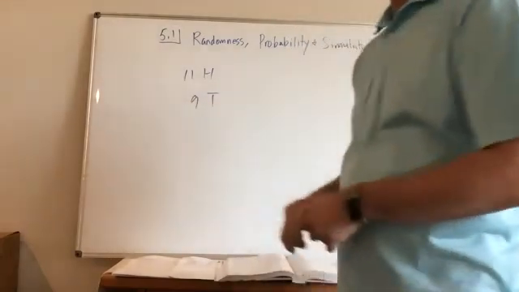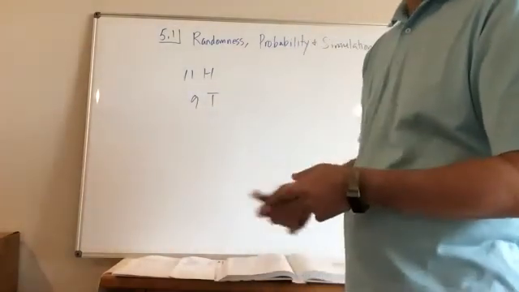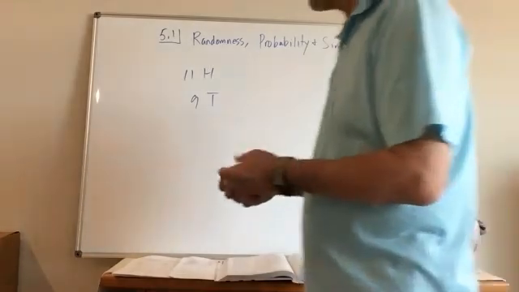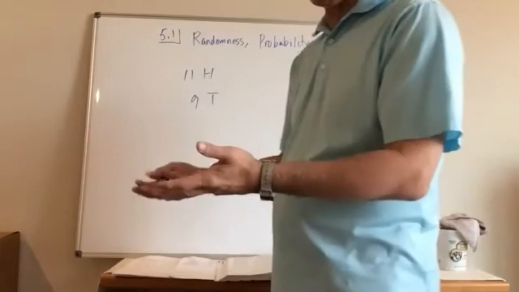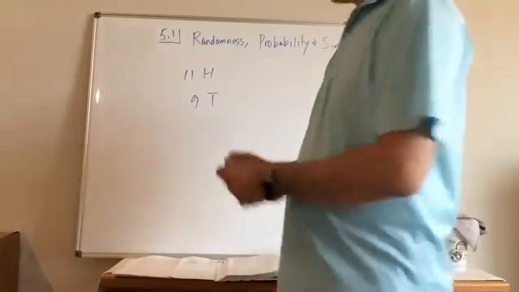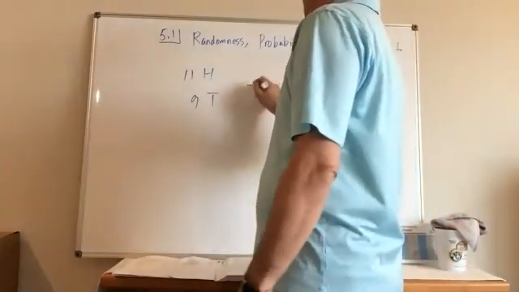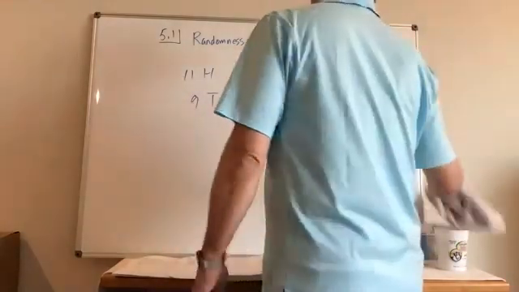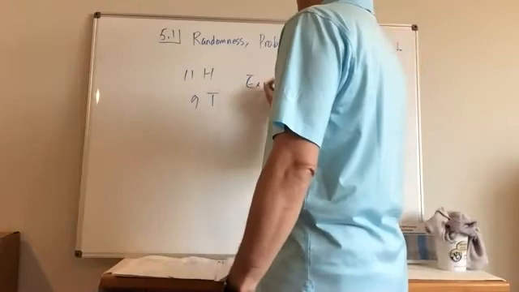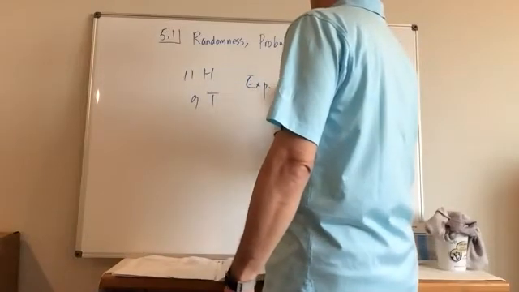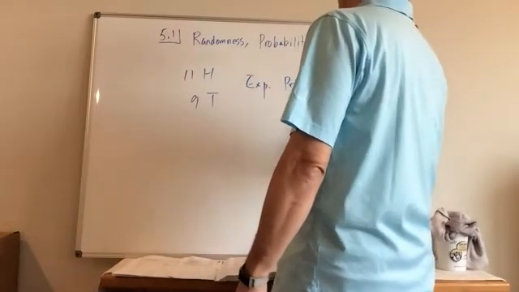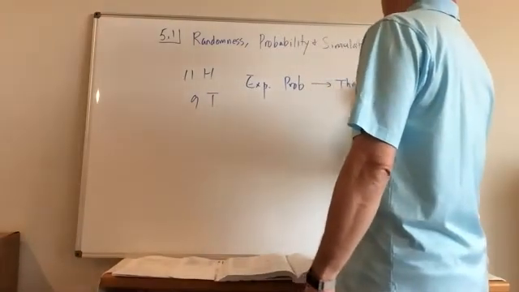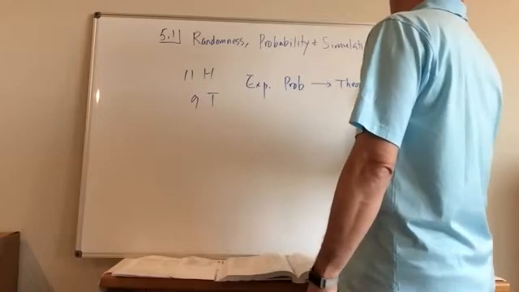So if I do this enough times, many, many, many times, you would think that the experimental probability would approach or get close to the theoretical probability. Or it should.